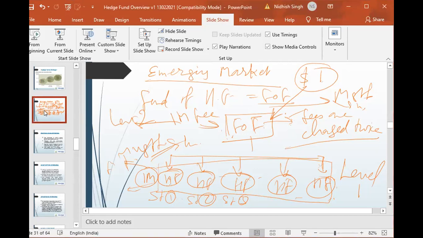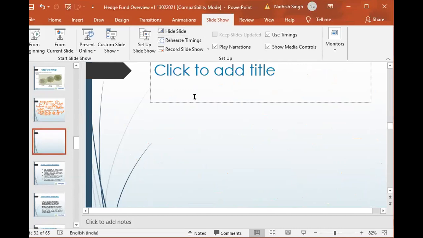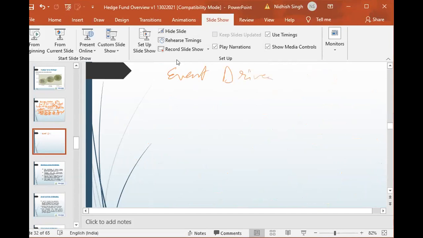Then comes some event-driven funds. There are some funds which are event-driven. So they bet on a particular direction of the event in the world economy, maybe towards recession or recovery, or maybe event also means there is a lot of discussion on Bitcoin, or another coin like Ethereum, right?